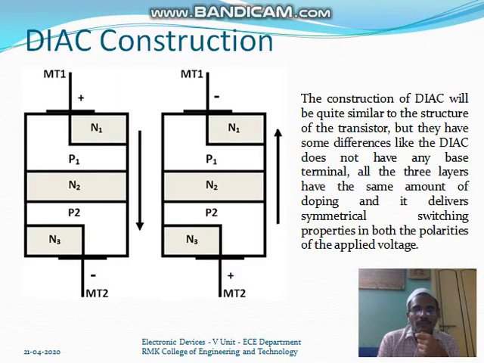Now depending upon the requirement, MT1 can be connected positive and MT2 can be connected negative. Now this is the flow of the current. So the current will be flowing from MT1 to MT2.